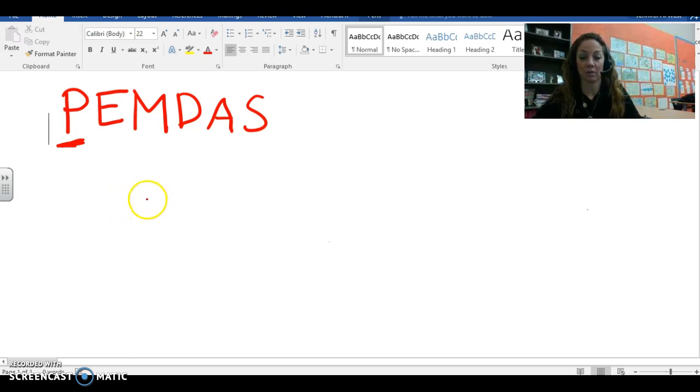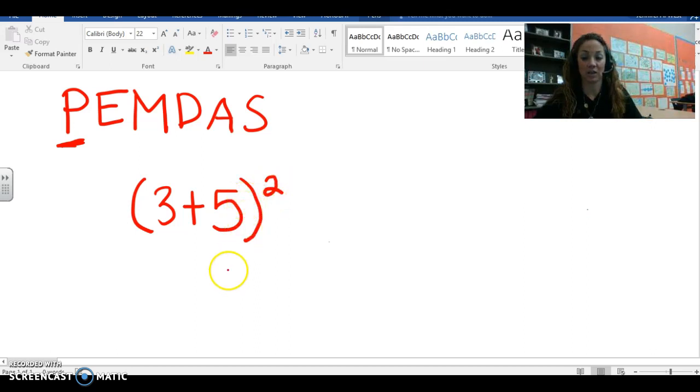Since parentheses is the first step in our order of operations, we're going to try solving a couple of these numerical expressions that include parentheses. So let's say we have 3 plus 5 inside the parentheses, and then it's squared. There's an exponent on the outside. No matter what, you are going to start with the work in the parentheses. Even though you're adding in this case, you are still going to start with the parentheses.